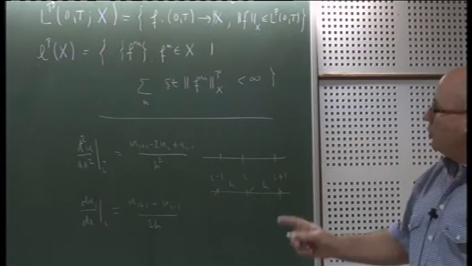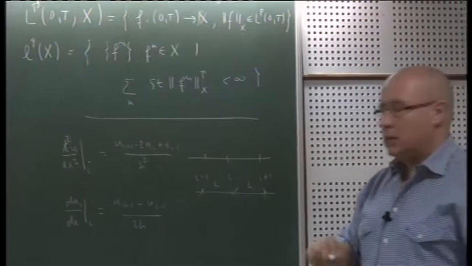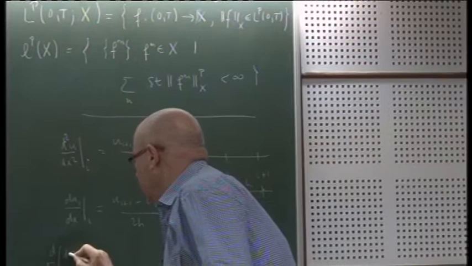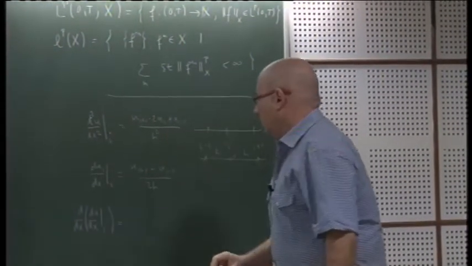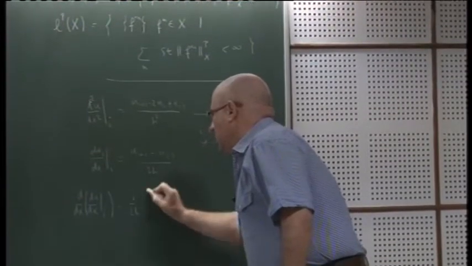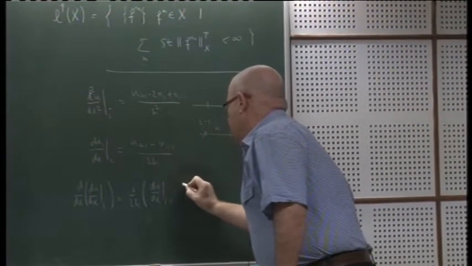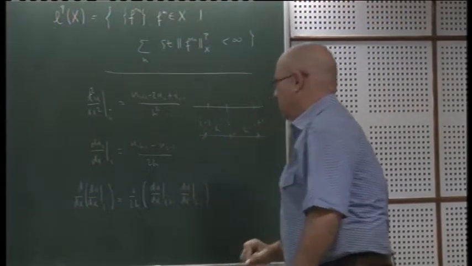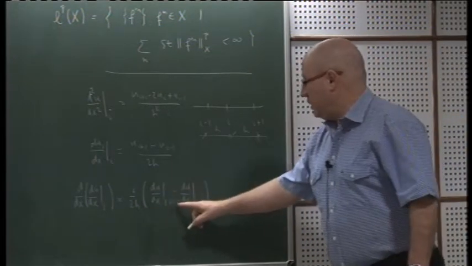And now you want to approximate, using finite differences, the derivative of the first derivative. The derivative with respect to x of the first derivative is equal to 1 over 2h times the first derivative at i+1 minus the first derivative at i-1.